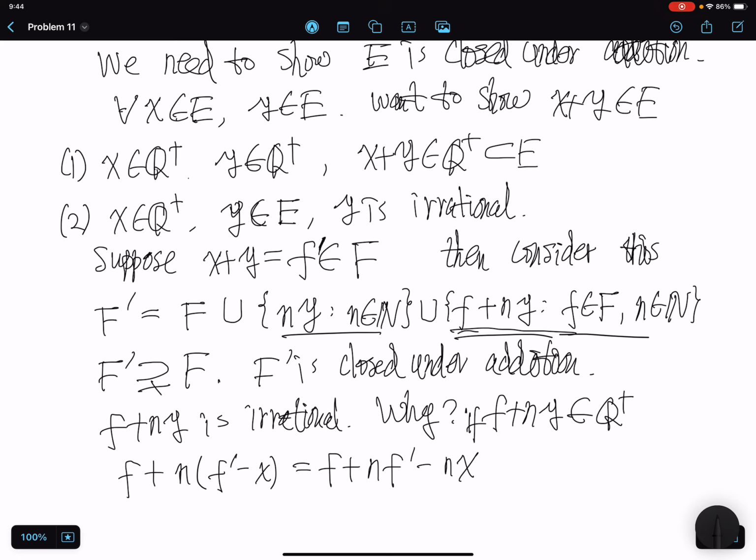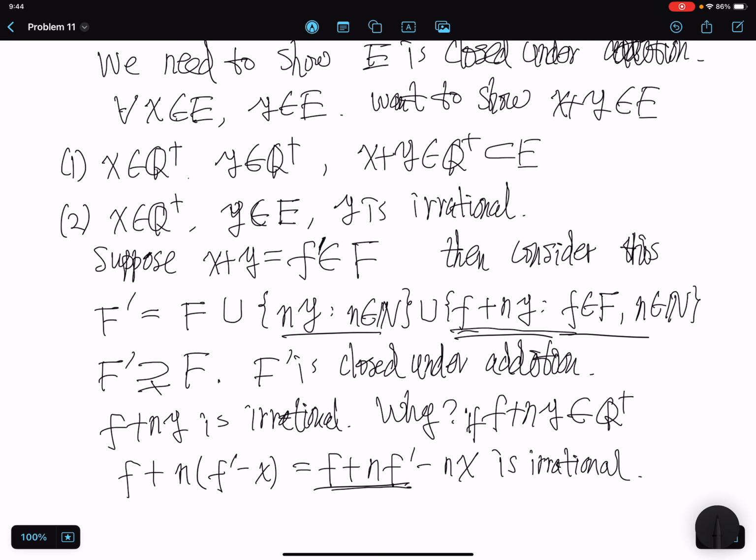Because f and f prime are in F, they are irrational, and X is rational, so this is irrational, because irrational minus rational is irrational.